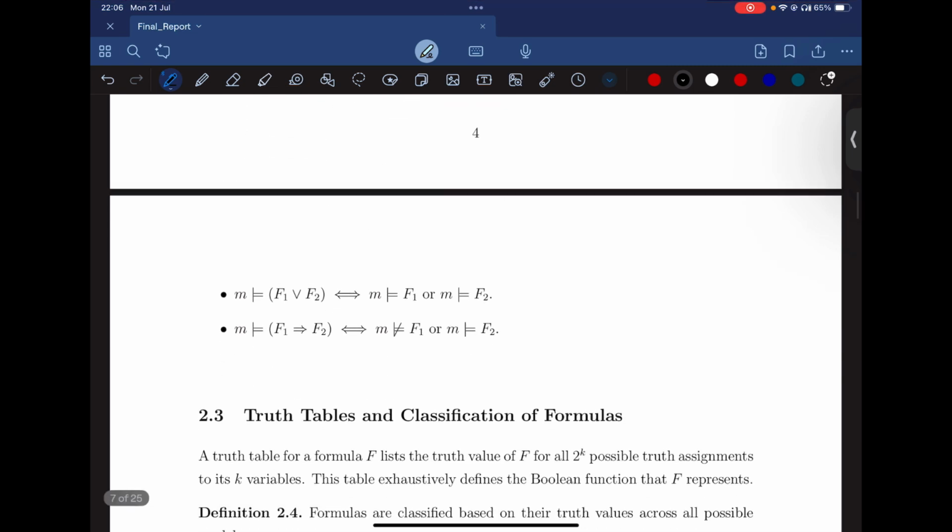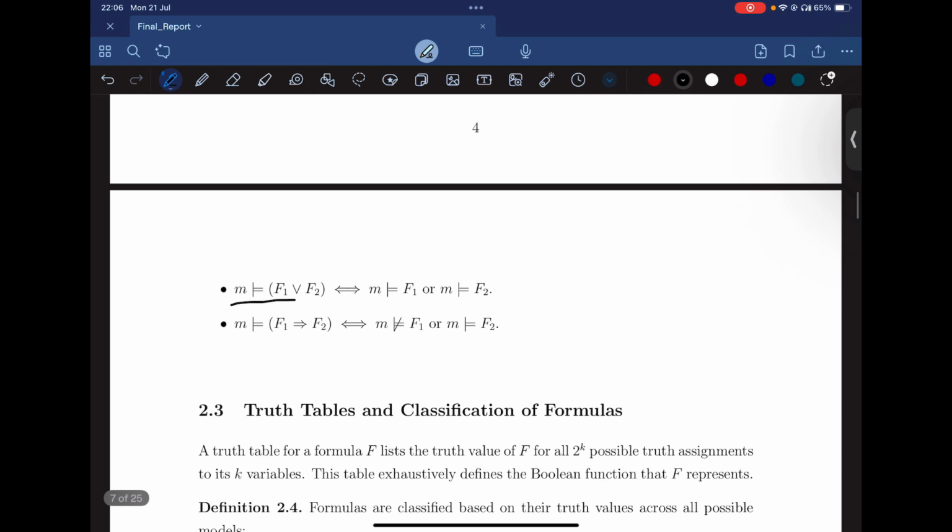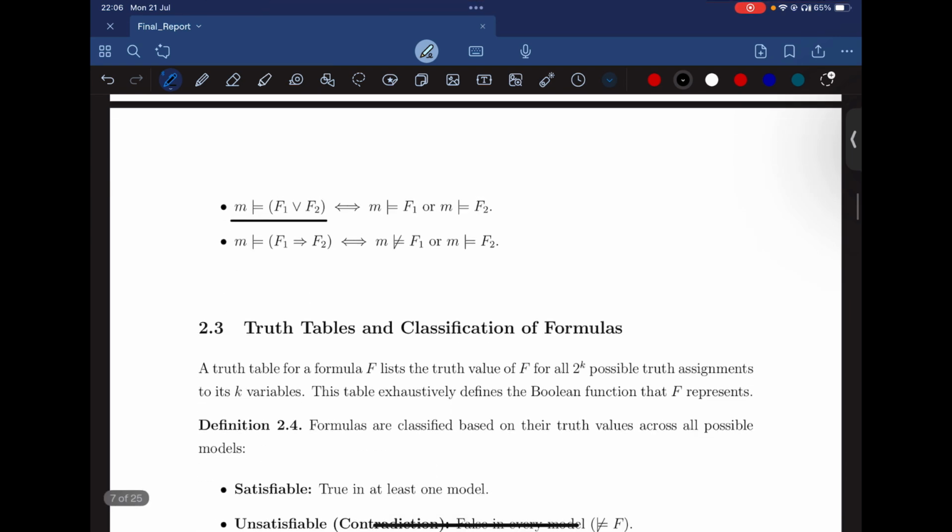Model M satisfies F1 or F2 if it satisfies either one of them, and M satisfies F1 implies F2 if and only if either the model doesn't satisfy F1 or it satisfies F2.